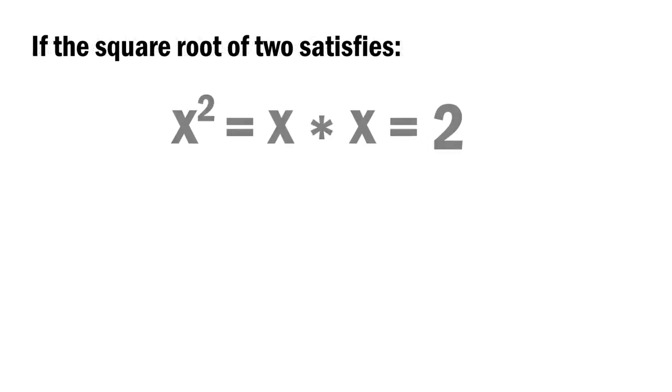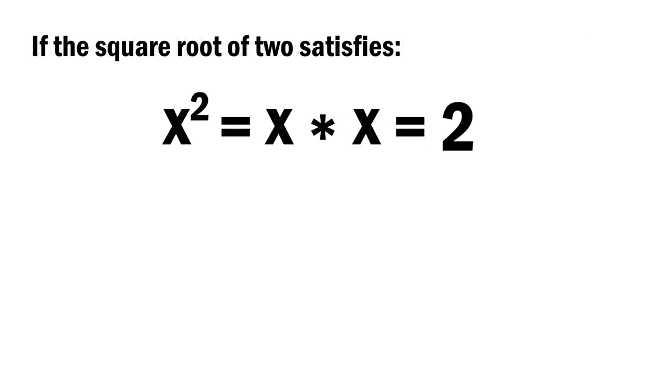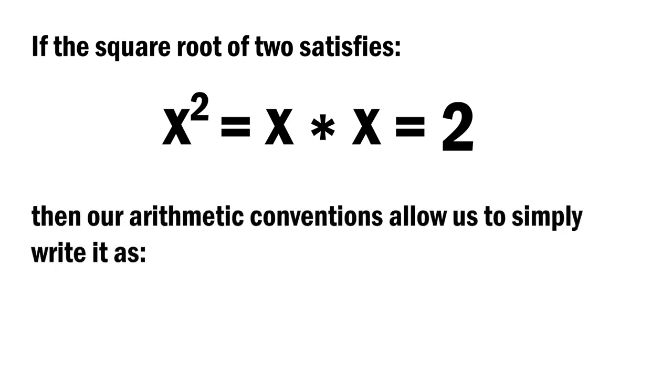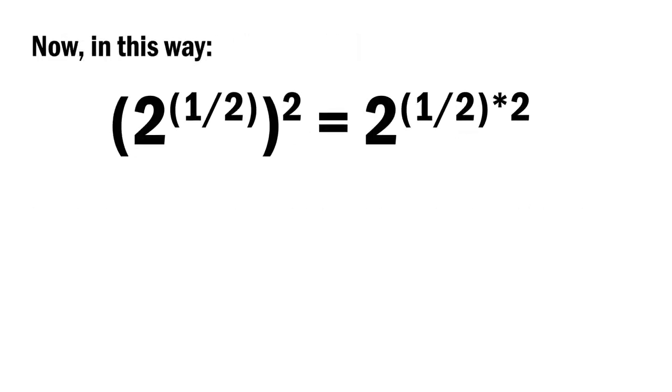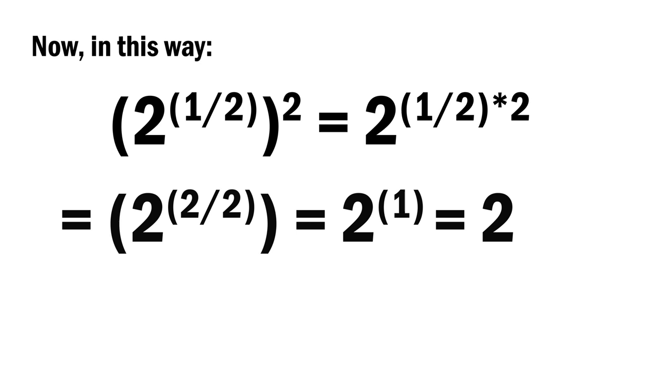If the square root of 2 satisfies x squared equals x times x, which equals 2, then our arithmetic conventions allow us to simply write it as 2 to the 1/2. Now in this way, 2 to the 1/2 squared is equal to 2 to the 1/2 times 2 to the 1/2, which is equal to 2 to the 2/2, which is also equal to 2 to the 1, which also equals 2.